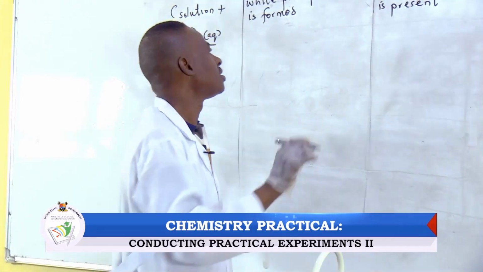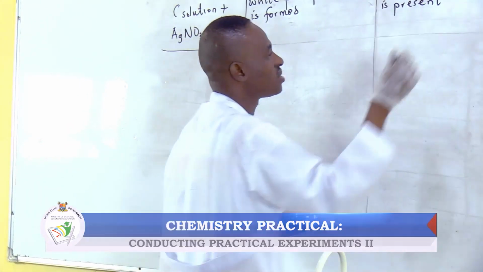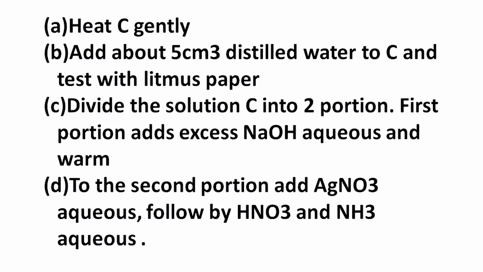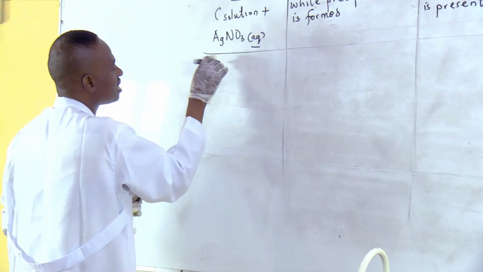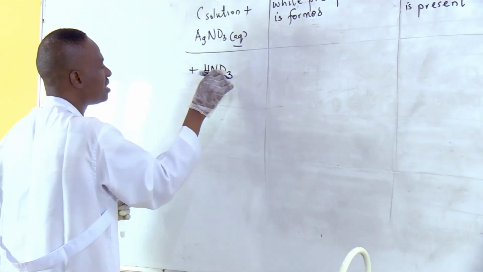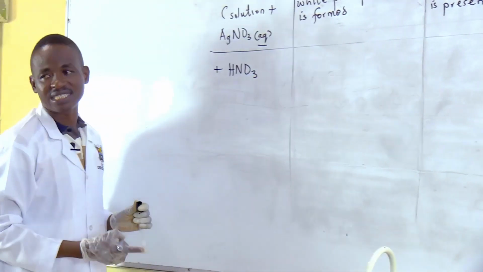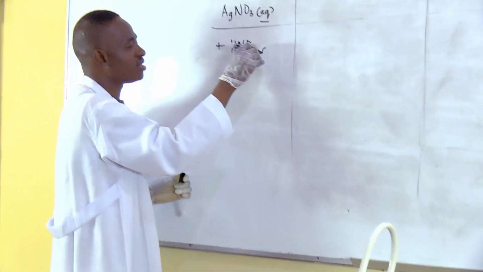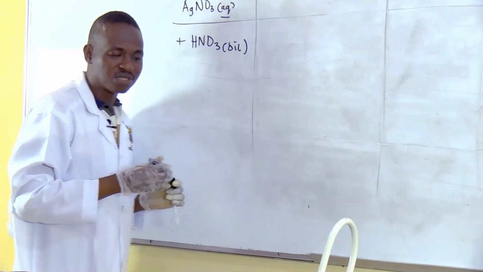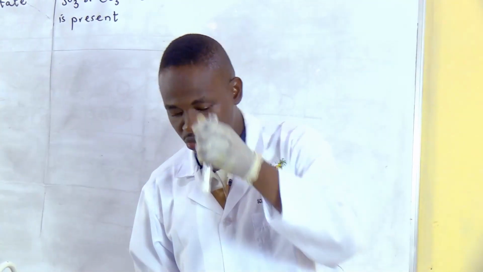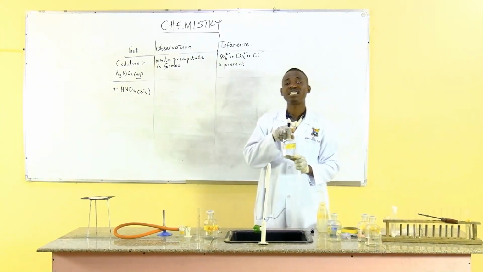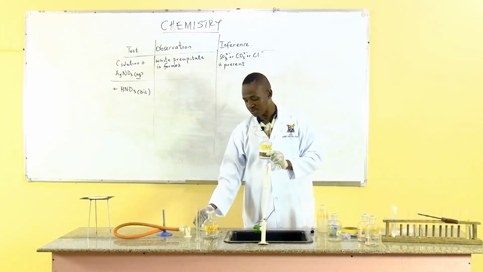Okay, fine. Good. So the next question is, we are told to add HNO3 dilute. So I will come here and put plus HNO3, this nitric acid dilute. I want to see what's going to happen when HNO3 is added to this solution. You have to gently look for your HNO3. So this is your HNO3.